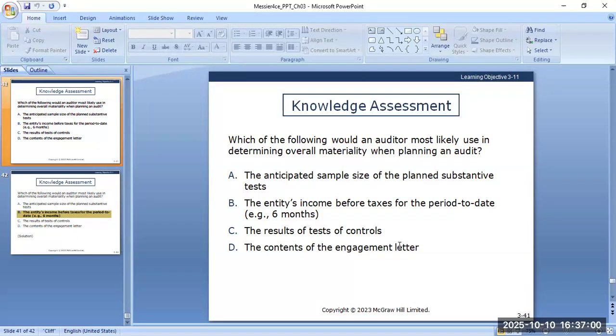This one is very straightforward. There's nothing scary here. What do you think the right one will be here?